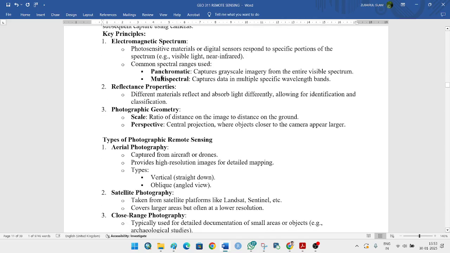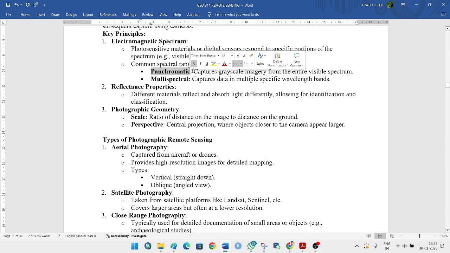And here we also need to know the electromagnetic spectrum, because the energy being used is visible light or near infrared. Panchromatic is the part of the energy which is full, I mean the visible.